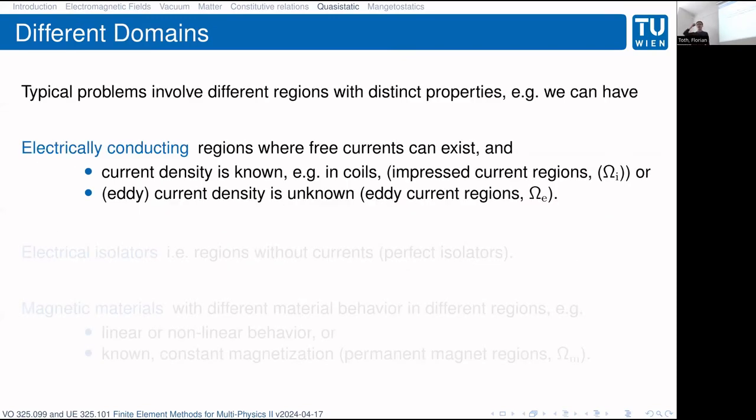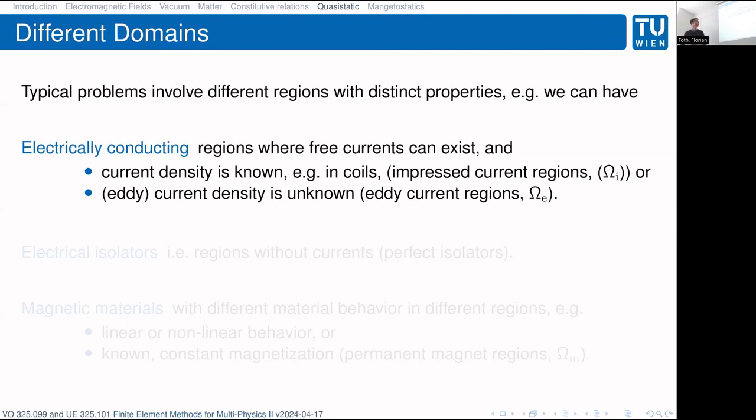Okay, then we also have to consider that we have these different material domains. So we have electrically conductive regions where we can have free currents, and these can be two types of free currents.